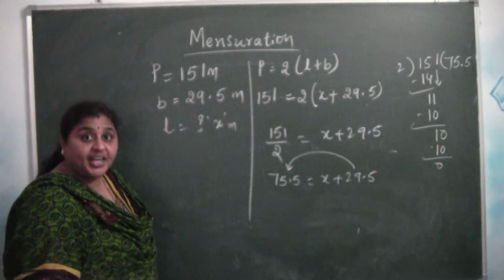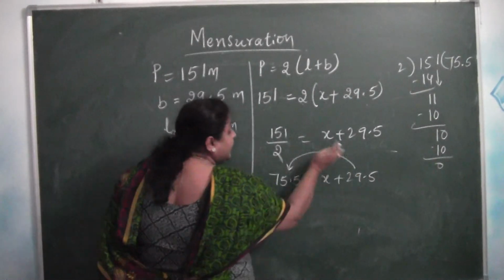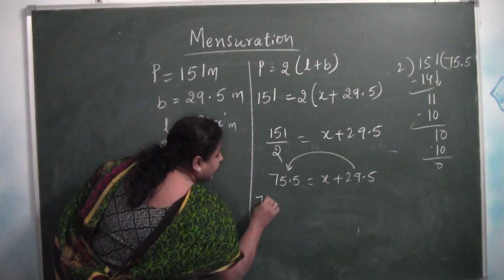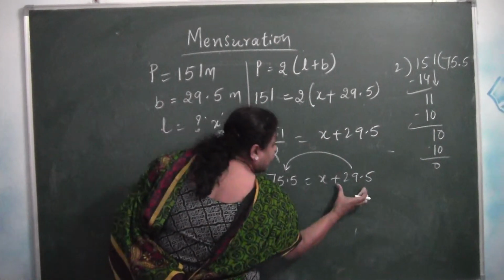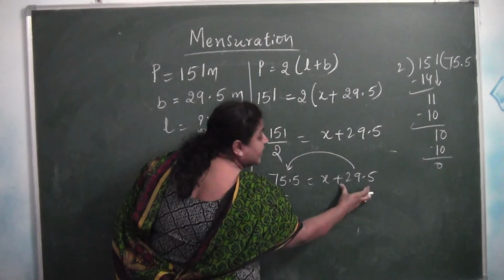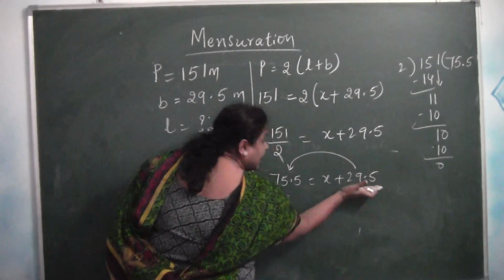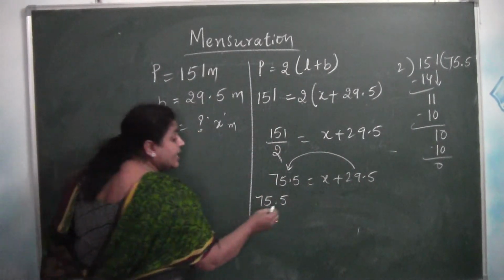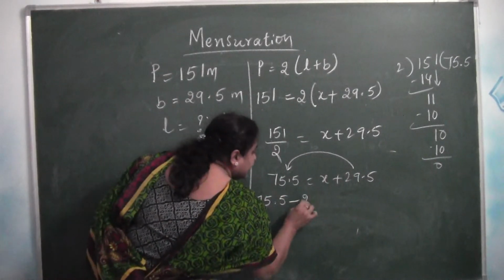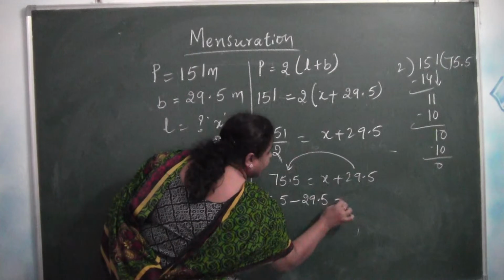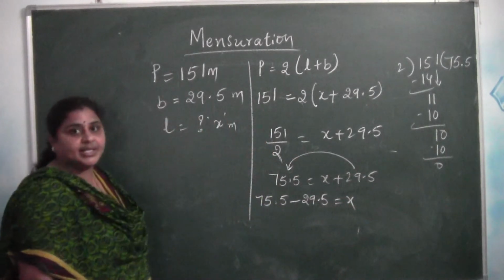When I am shifting 29.5 to LHS, so what happens? 75.5 as it is, it remains. So plus 29.5, when shifting from right side to left side, it changes to minus, opposite of that. Minus 29.5 is equal to x.